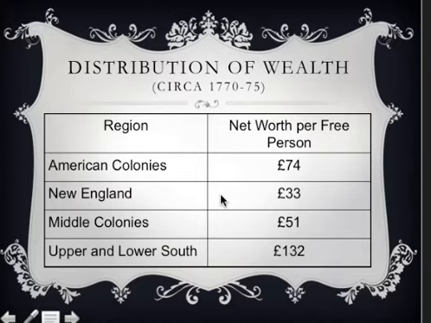So it's easy to see that the prevalence of slavery is also associated with higher levels of wealth. The upper and lower South is where slavery was the most important. That was the wealthiest portion of the colonies during the time period. And the section of the colonies, New England, that had the lowest dependence upon slavery also had the lowest level of income.